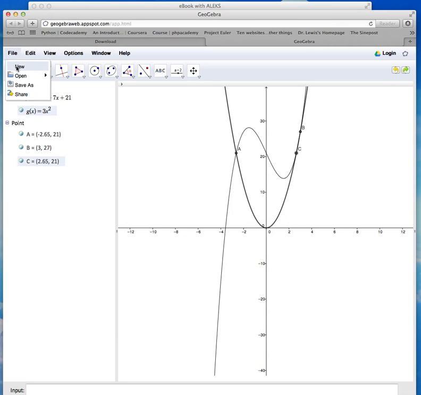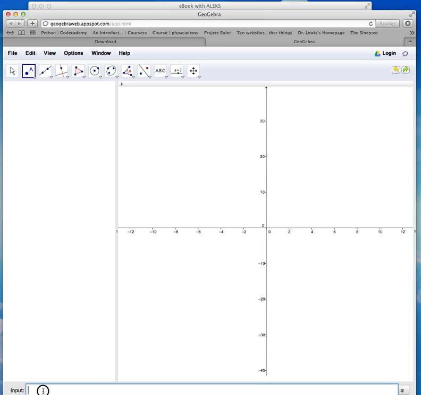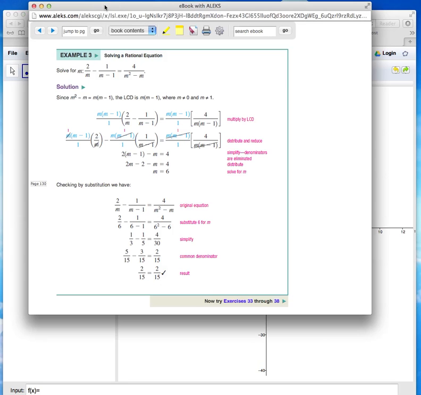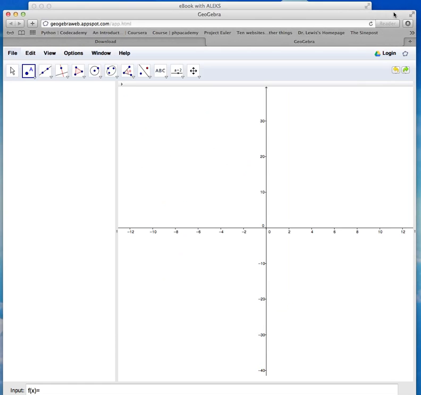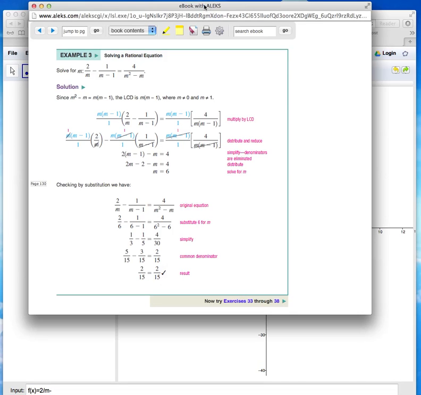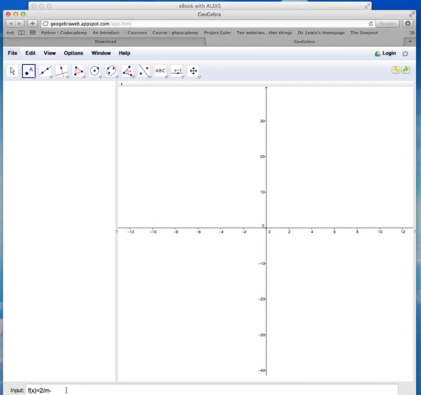So let's even try that one. New. So f of x equals, and let's just do one at a time, 2 over m, 2 divided by m minus 1 over m minus 1, and then is that it for that side?